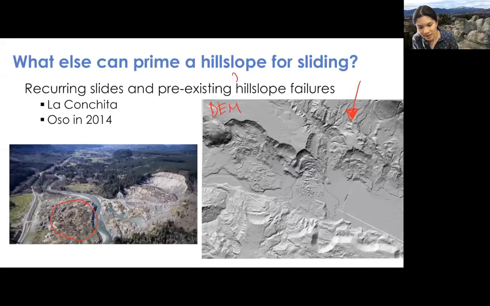So in this case, the sun is coming from up here and shining onto the landscape. We can see these scalloped features here. This is the head of the Oso landslide, and right next to it are other scalloped features, which are evidence of other landslides that are much older and are signs that this is a very landslide-prone area.